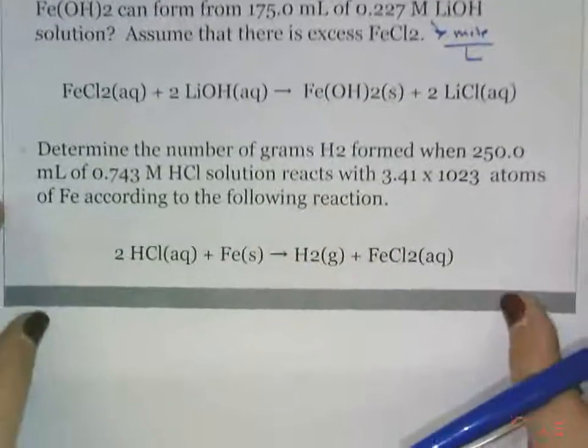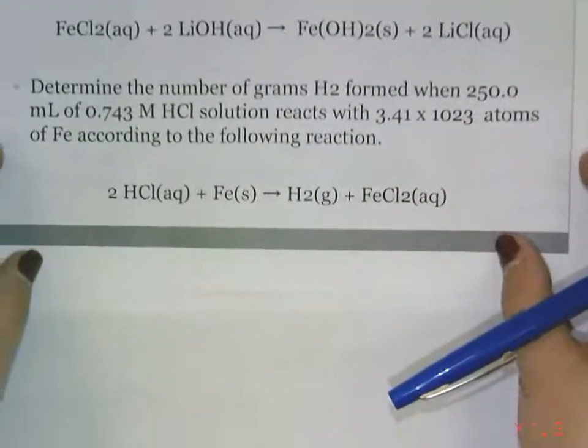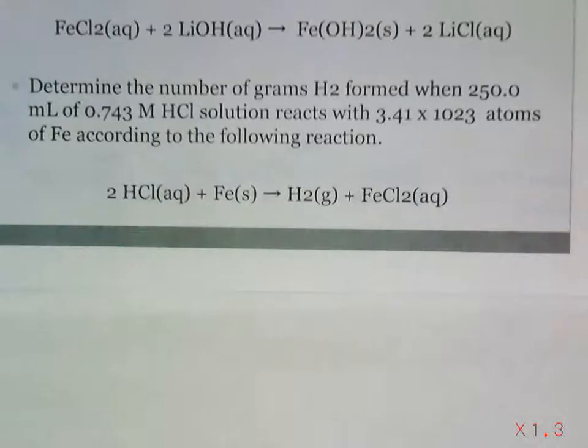All right, let's determine the number of grams of hydrogen gas formed when I have 250 milliliters of hydrochloric acid reacting with 3.41 times 10 to the 23rd atoms of iron. I made this as tricky as possible.